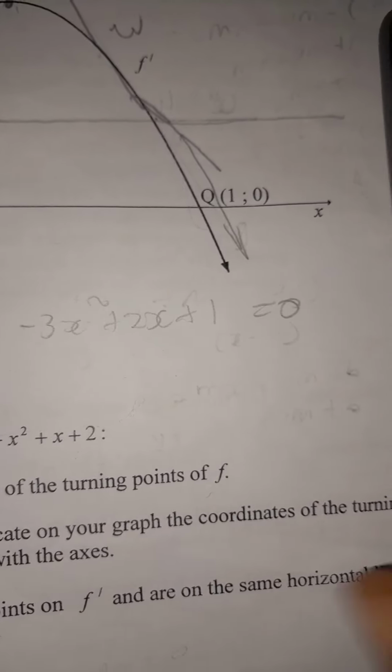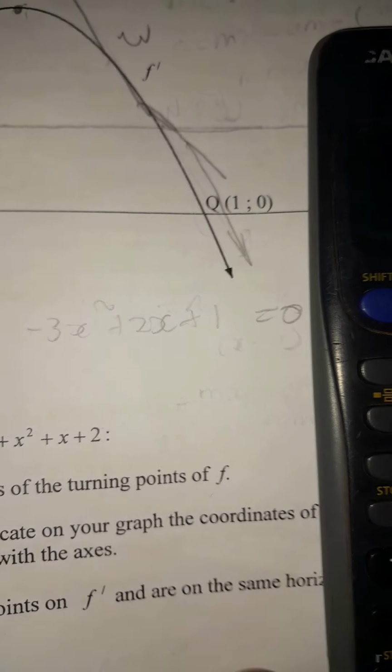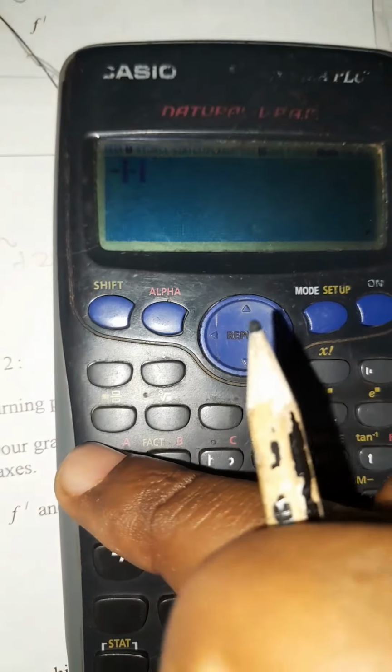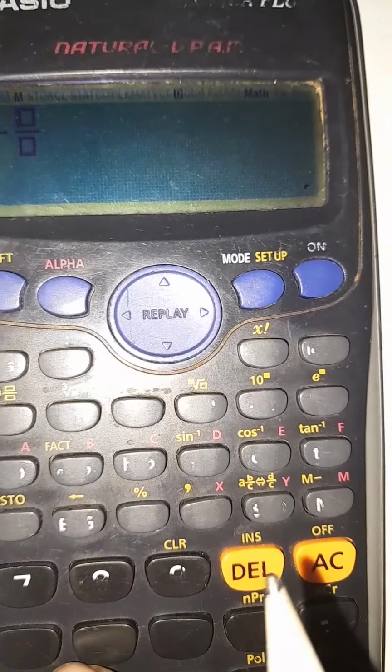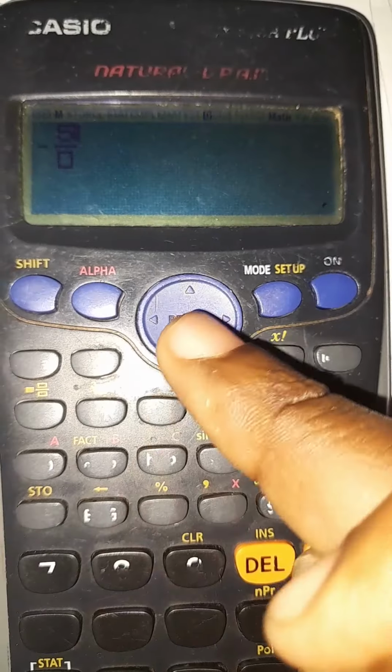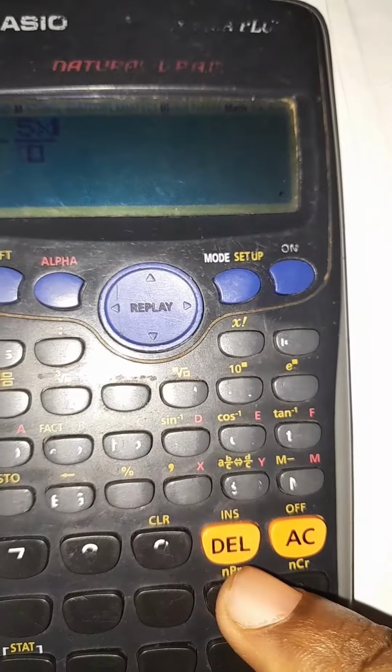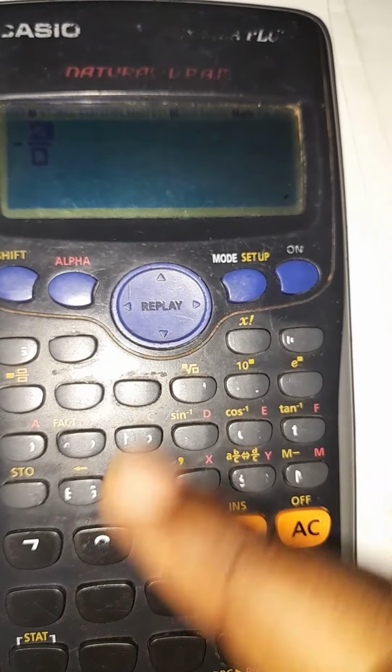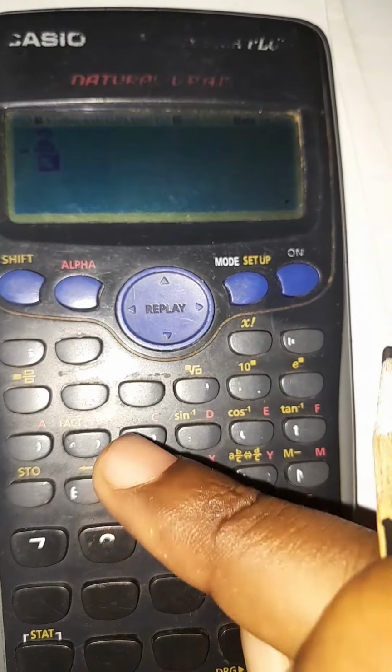Yes, since it's a quadratic. Let's see if we use what was the turning point first here. If we say negative b all over 2a, our b was positive 2, sorry for that. So it's 2. Then our a.